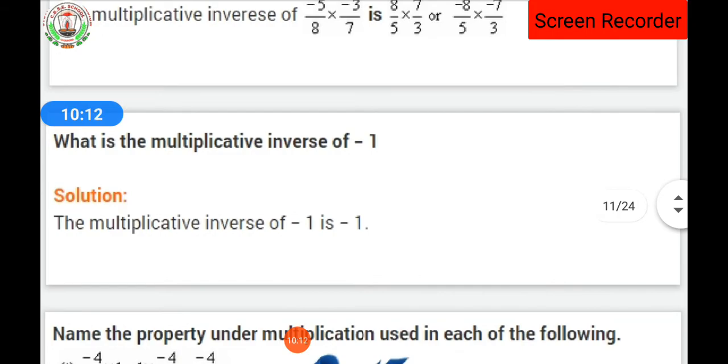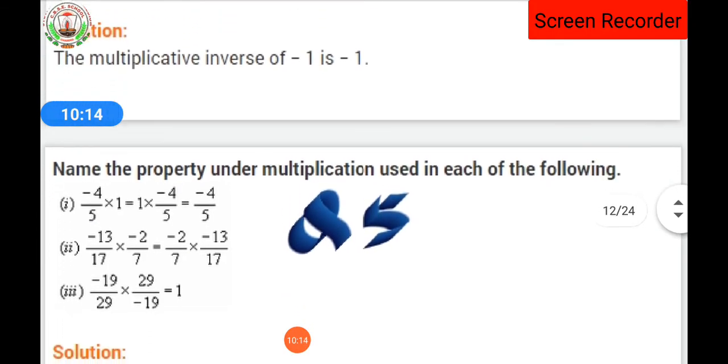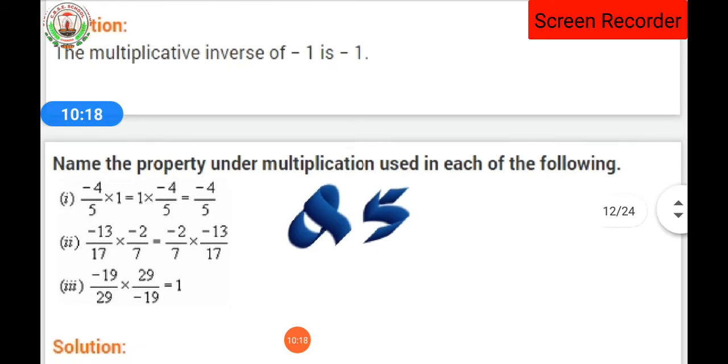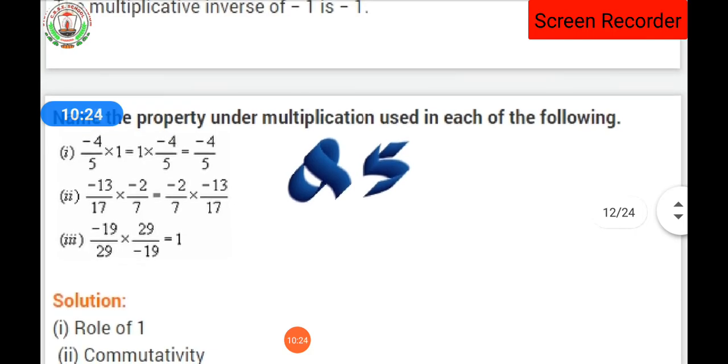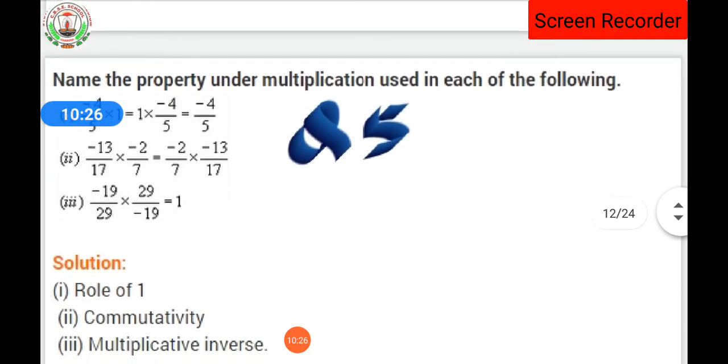Next, what is the multiplicative inverse of minus 1? That will remain minus 1 itself, because the denominator of the number 1 is 1 itself. And the reciprocal of 1 or minus 1 will remain 1 itself. Okay. Now, name the property under multiplication used in each of the following.